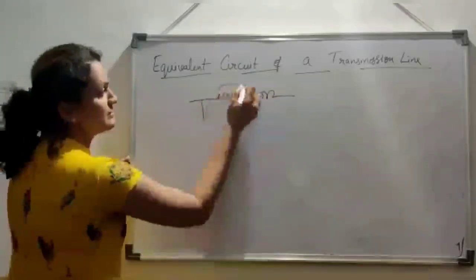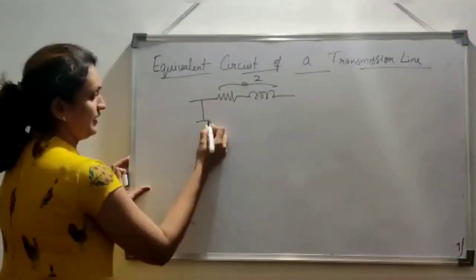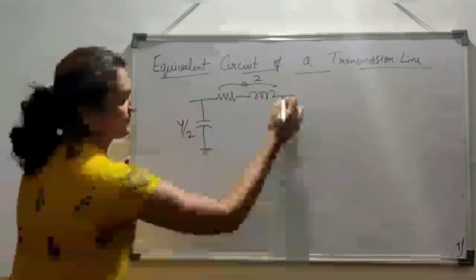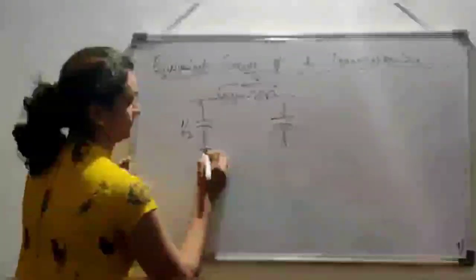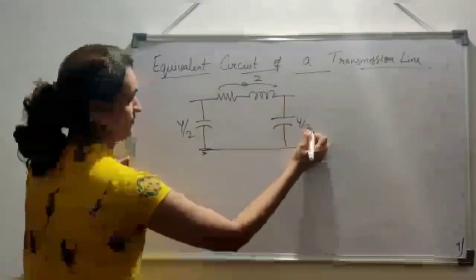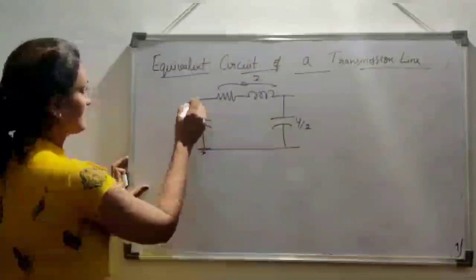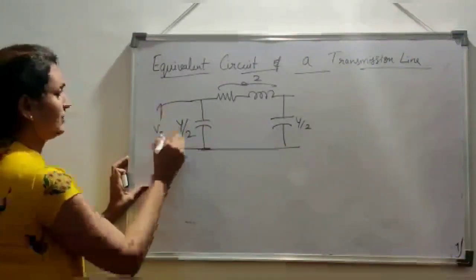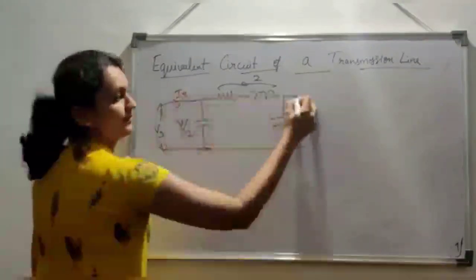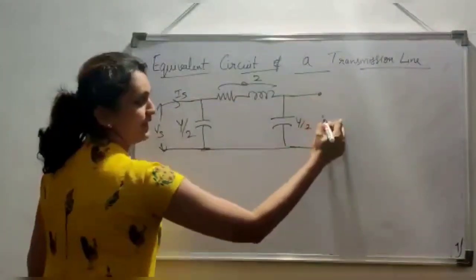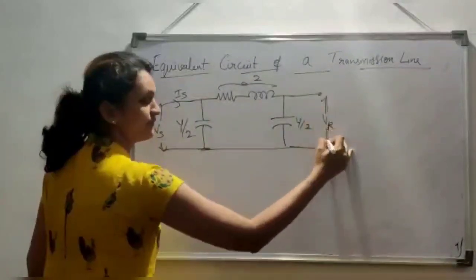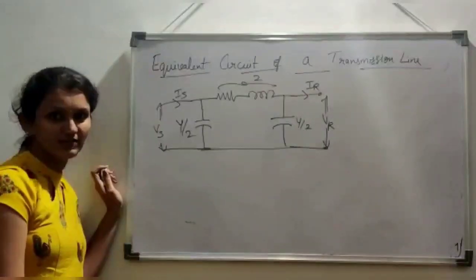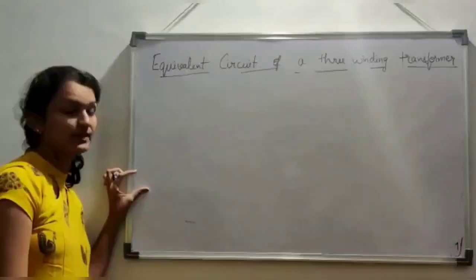This is the impedance of the transmission line, and this is half line charging admittance on either side, and this is the sending end voltage and sending end current, and this is the receiving end voltage and receiving end current. So this is the equivalent circuit of a transmission line.